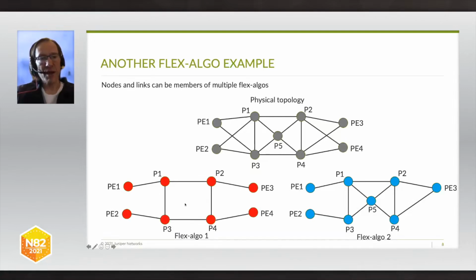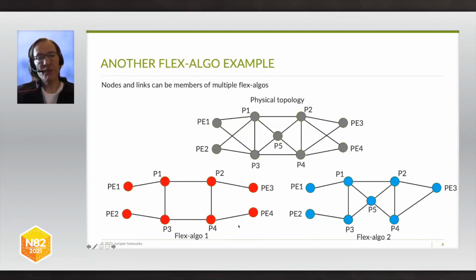And so, for example, P5 is not a member of the red flex algo, while it is a member of the blue flex algo. On the other hand, some of the other nodes, P1, P2, P3, and P4, are members of both of the flex algos. And some of the links are members of both flex algos, and some are members of only one of the flex algos, you can see.